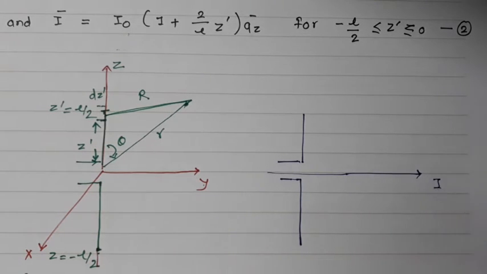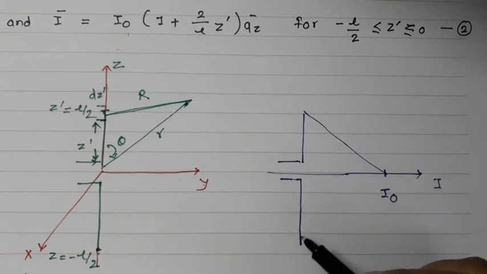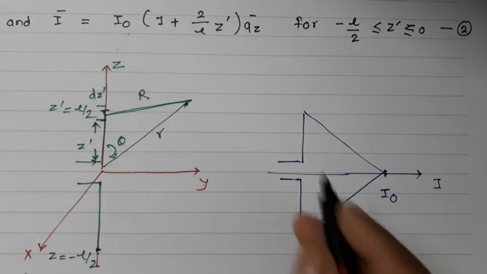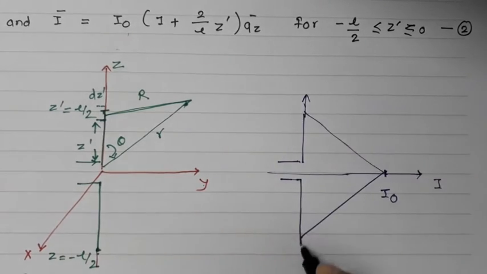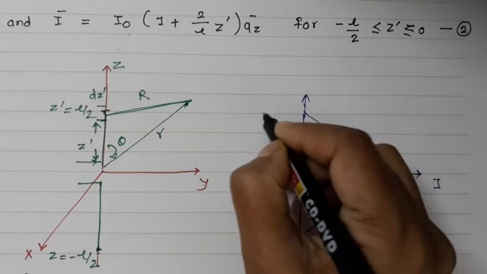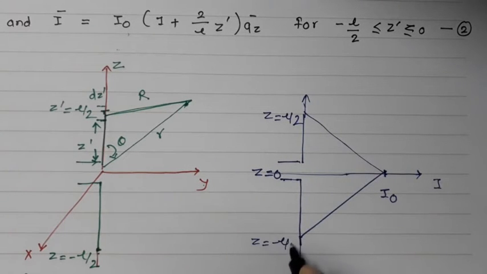This is the current, whereas I0 is the maximum current, and it decreases like this. So the distribution of the current is nothing but the triangular distribution over here. Z is equal to 0 here, Z is equal to L by 2 here, and Z is equal to minus L by 2 here.